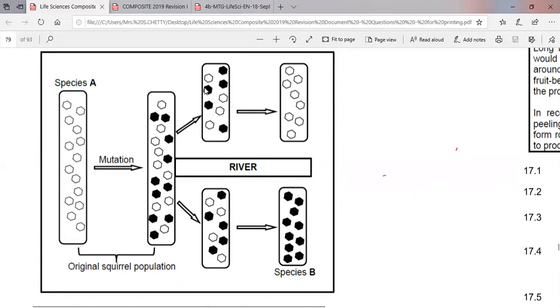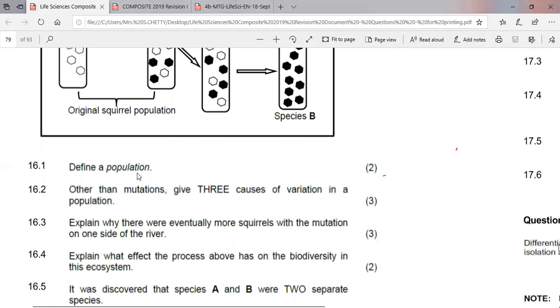So natural selection occurred independently in both these areas. And the populations became genotypically and phenotypically different, such that even if you remove the barrier, they would not be able to interbreed. They have become two distinct species. This is speciation.